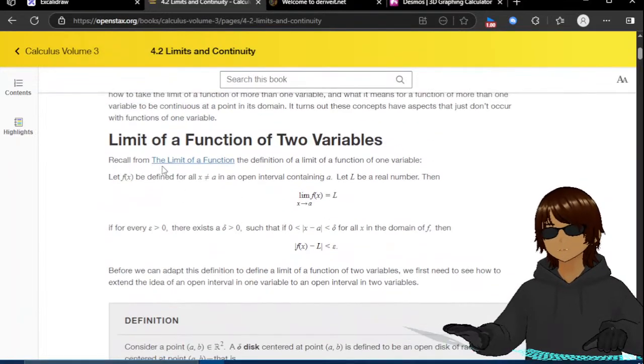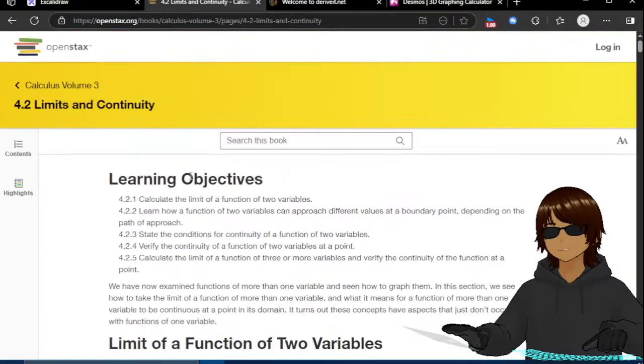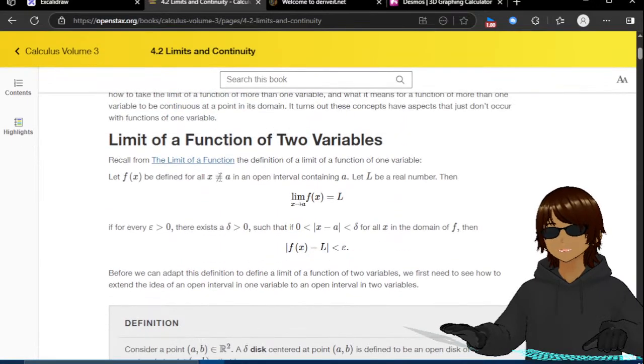Recall from the limit of a function the definition of a limit of a function of one variable. Let f of x be defined for all x not equal to a in an open interval containing a. Let L be a real number.